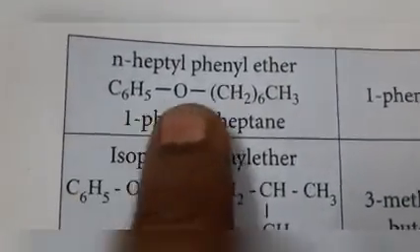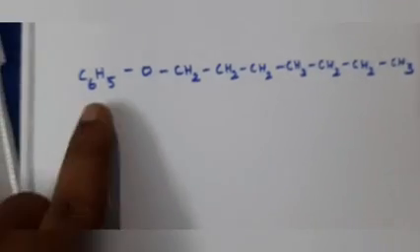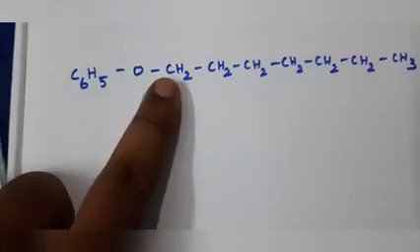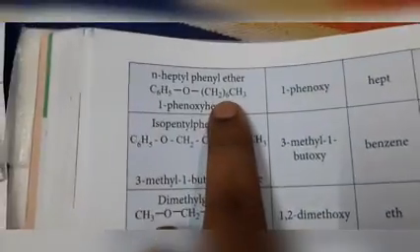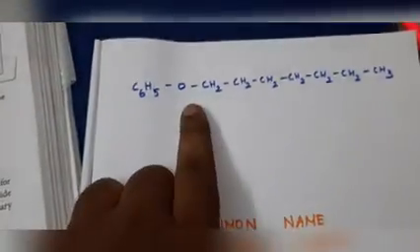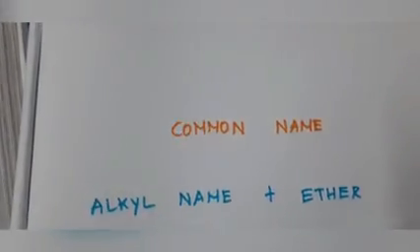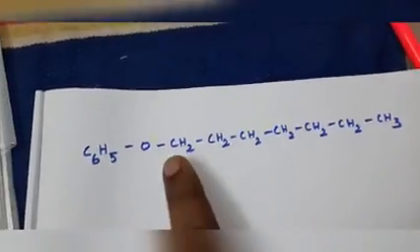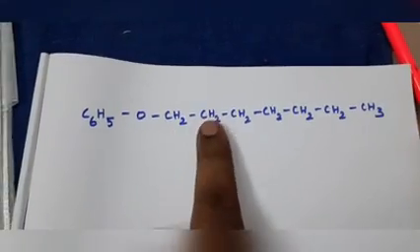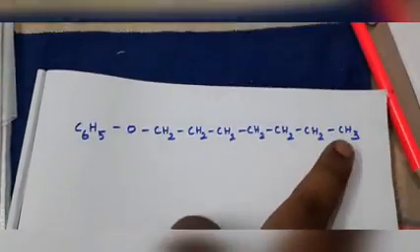The next compound, C6H5O(CH2)6CH3. That means C6H5O, then CH2 six times: 1, 2, 3, 4, 5, 6, and then CH3. The rule is the same: alkyl name plus ether. What are the alkyl groups attached with oxygen? This is phenyl. On this side, totally how many carbons are present? 1, 2, 3, 4, 5, 6, 7.